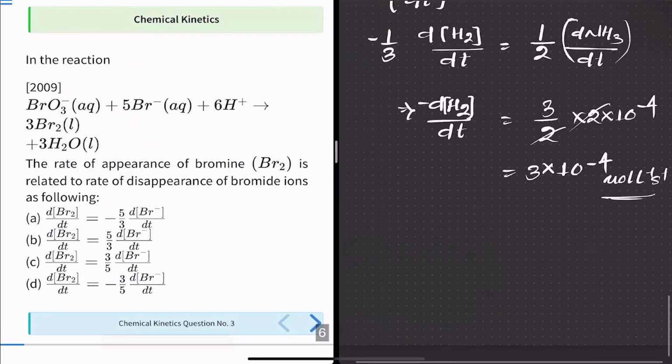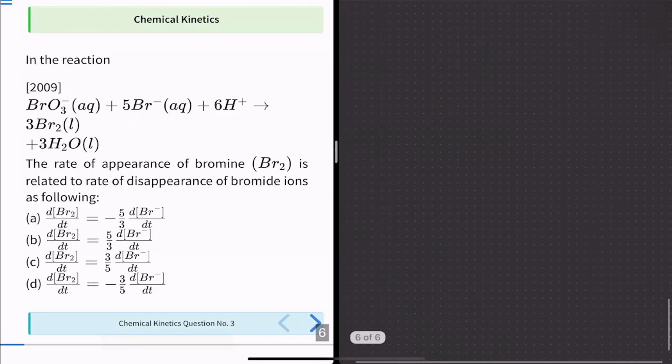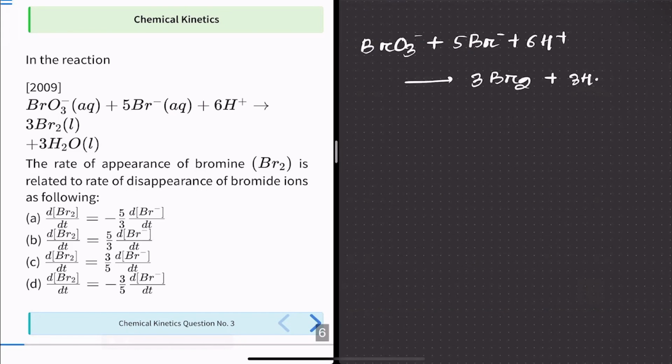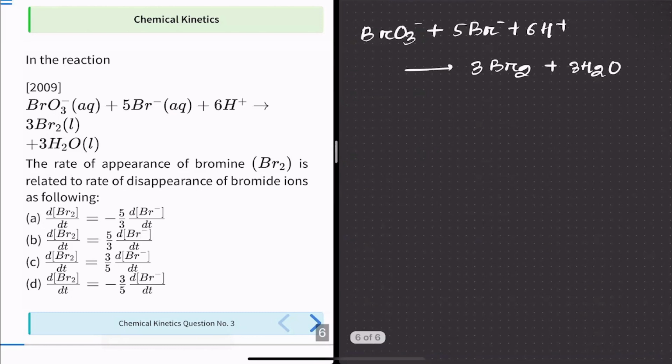Similar question. BrO3 minus plus 5Br minus plus 6H plus gives rise to 3Br2 plus 3H2O. Let's write the equation first. How to write the equation?